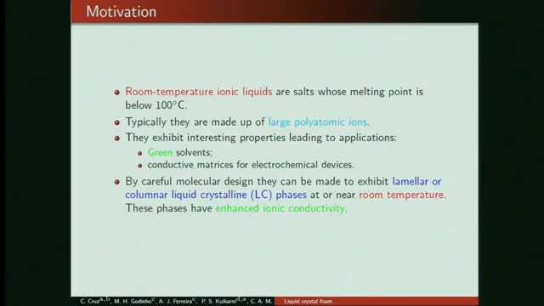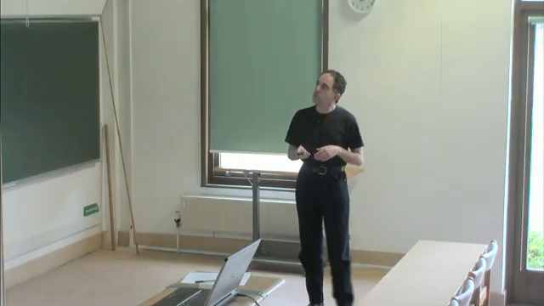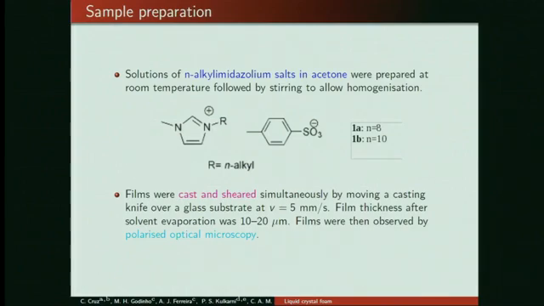So my friends were playing with these compounds. This is what they look like. I'm going to try and say that: N-alkylimidazolium. So I managed, not too bad. And what do you do? You dissolve them in acetone and then you precipitate them.